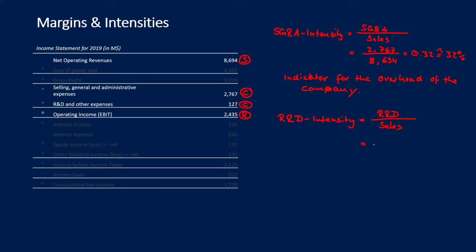In this particular example, it is 127 divided by 8,694. And using a pocket calculator, this is roughly 0.01 or a very tiny 1%.